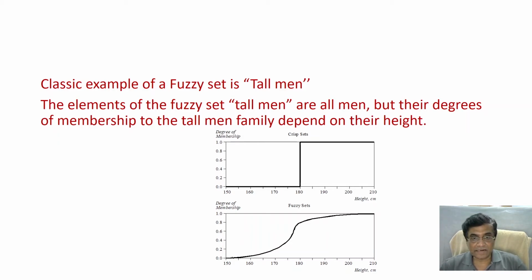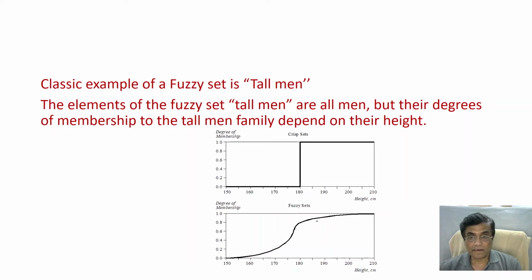On the other hand, this is a fuzzy membership function. We call this a membership function, which characterizes in a continuous way the attribute of tallness. For example, here you see that 160 centimeters is also tall, but the membership value is low. 170 is tall with this membership value. 180 is tall with this membership value. 179 is also tall with this membership value, right?